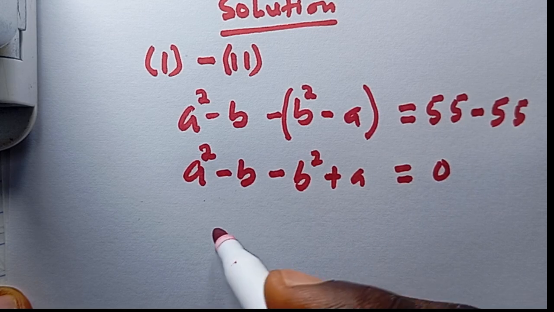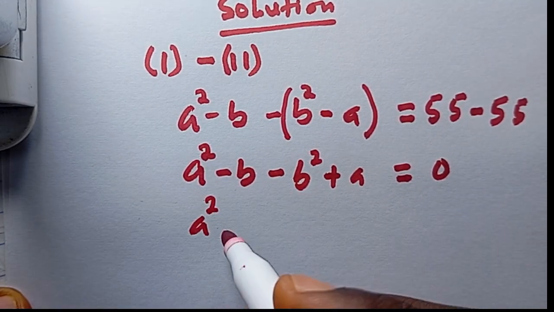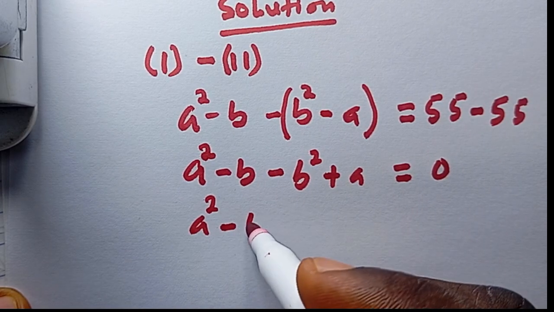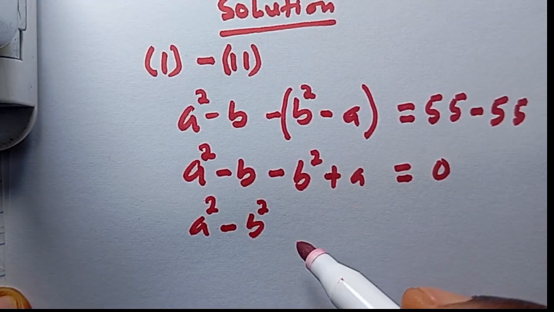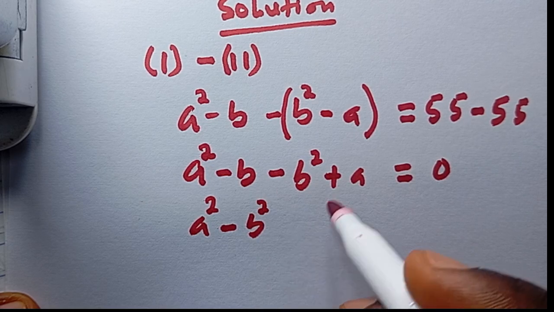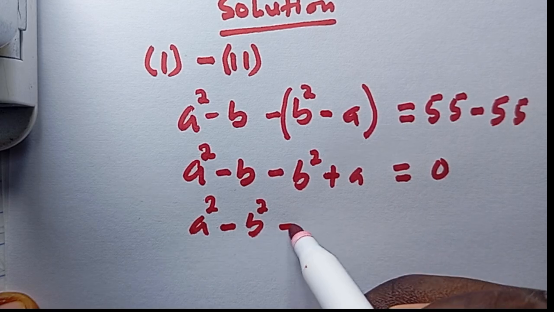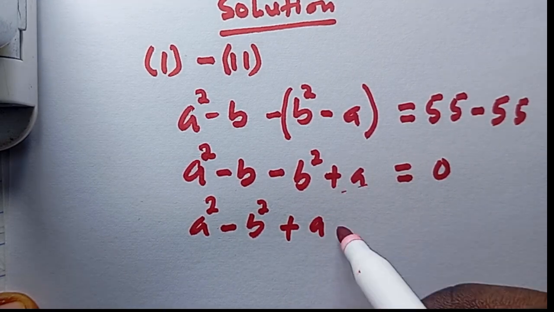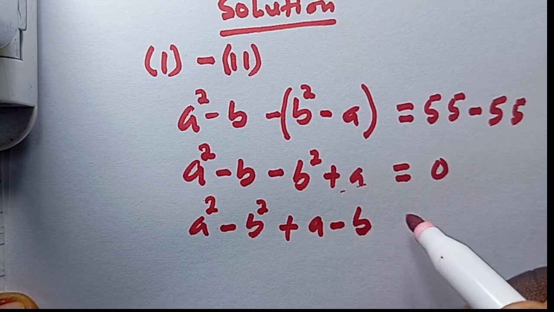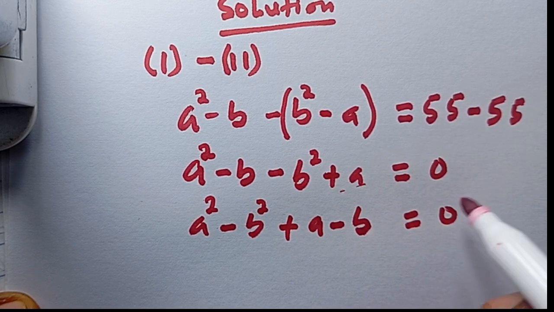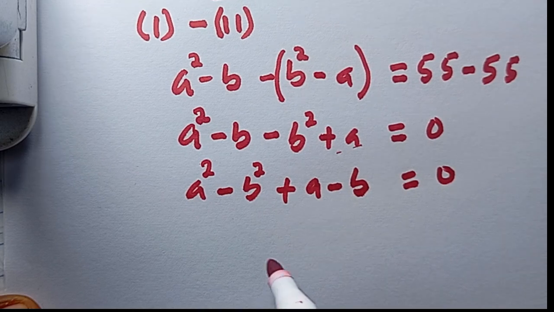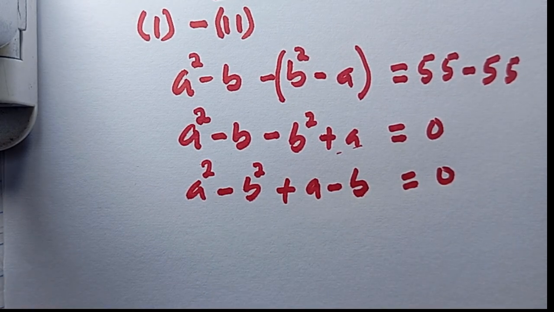And then what I have here is a squared minus b squared. So if I bring the ones that have squared together, and then I'll put the other ones that don't have squared, and that is, let me just put it this way, plus a, and then minus b, this will be equal to 0. And of course, you remember the difference of two squares.